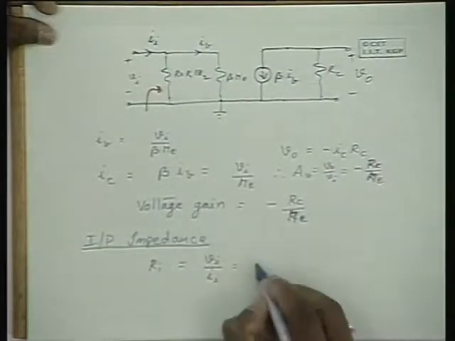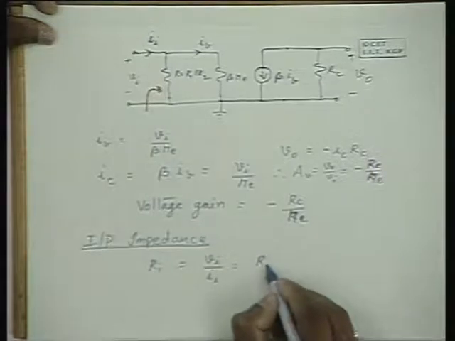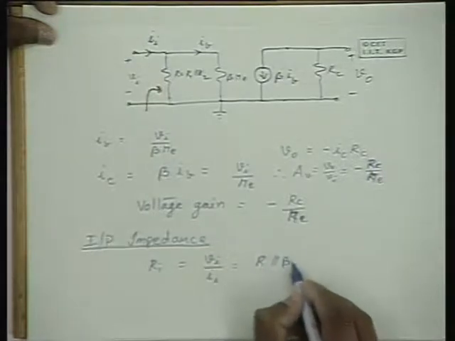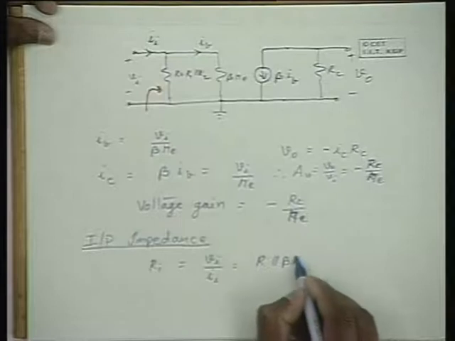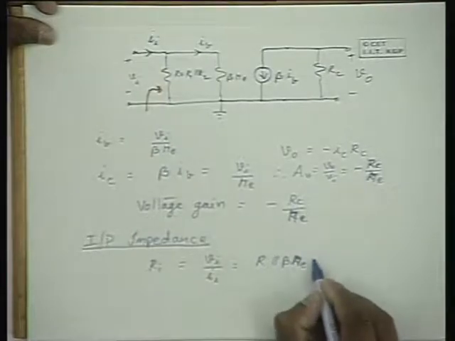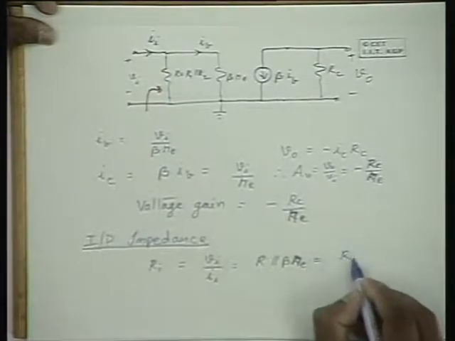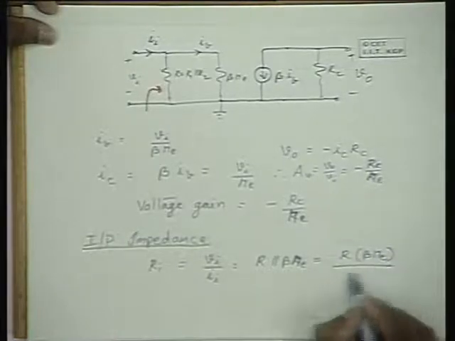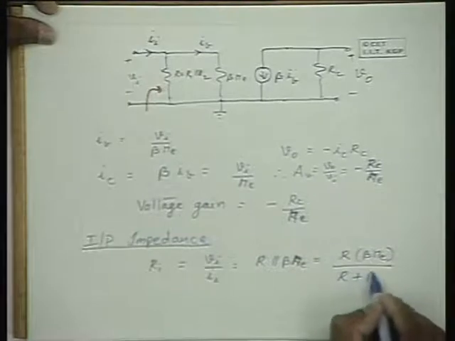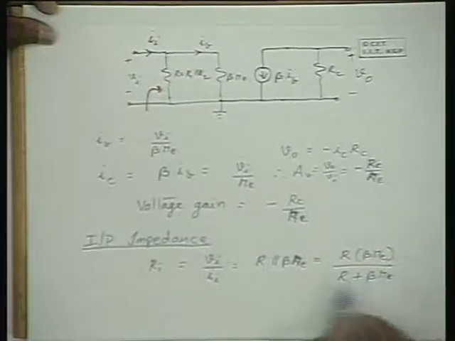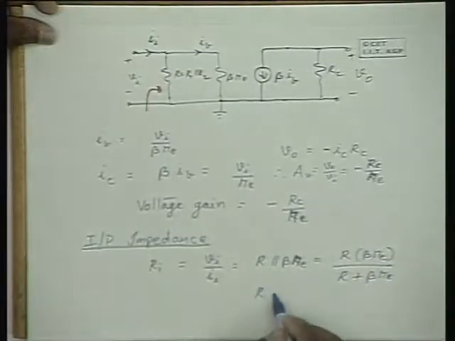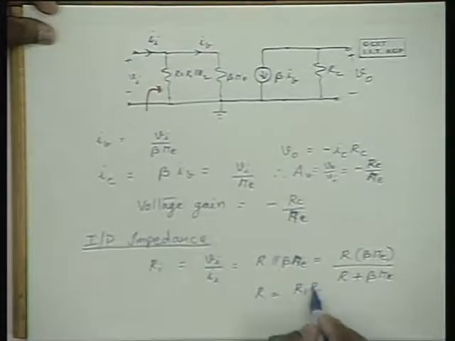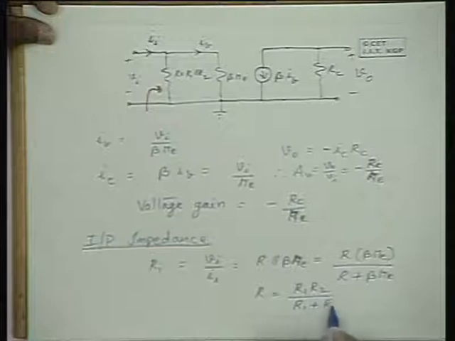Hence, the input impedance is R in parallel with beta re, which is equal to R into beta re by R plus beta re, where R itself is the parallel combination of R1 and R2, therefore it is R1 R2 by R1 plus R2.